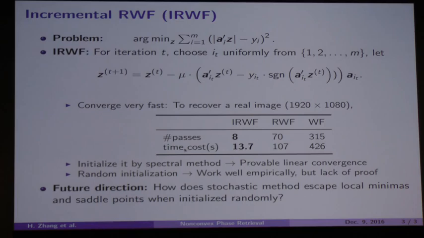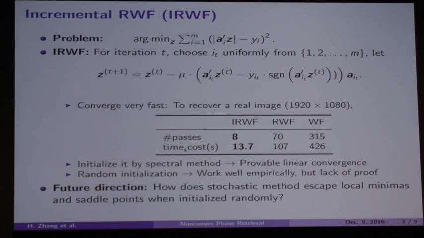previous literature. As a future direction, I'm very interested in understanding how the stochastic method escapes local minima when initialized randomly, because it is well known that the phase retrieval problem does not have bad local minima if the sample size is very large.